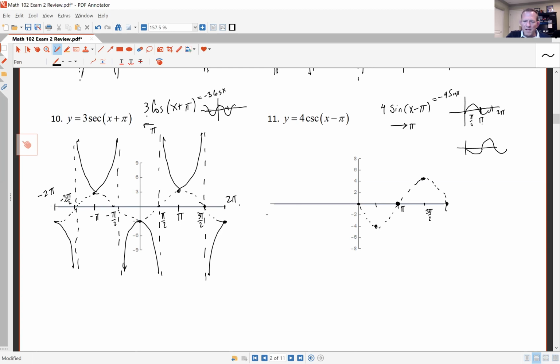Doing the same thing on the other side. Now we have all of our key points on there. Where it's 0 is where we get vertical asymptotes, and where it's 1 is where the graph starts.